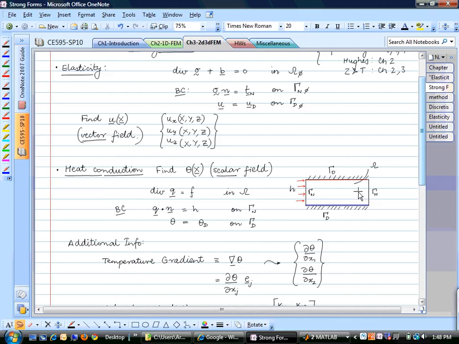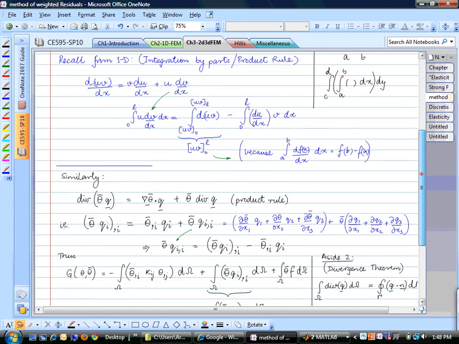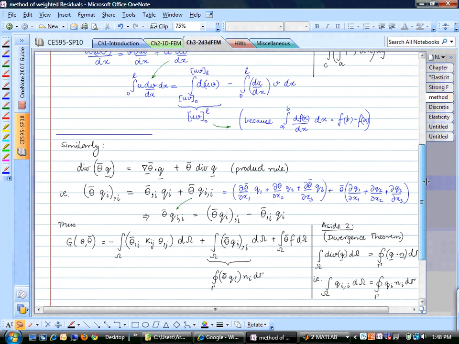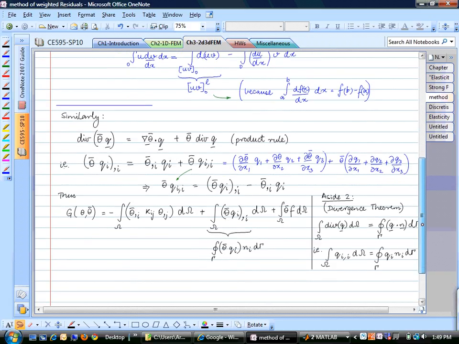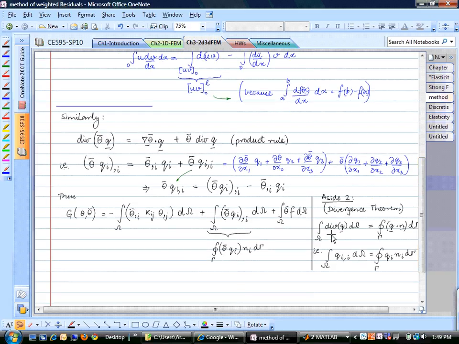That's just the divergence theorem, and that's exactly analogous to what we were doing in the one-dimensional case. So this is the aside about the divergence theorem. What we are saying is, if you have a vector q, the integral of the divergence of that will be equal to the integral of q dotted with n, where n is the normal vector to the boundary. So what is n?